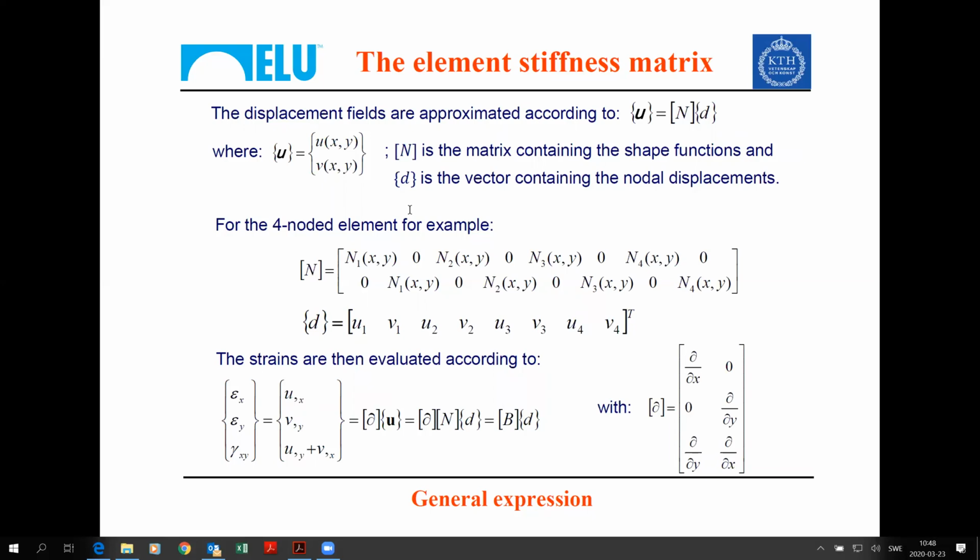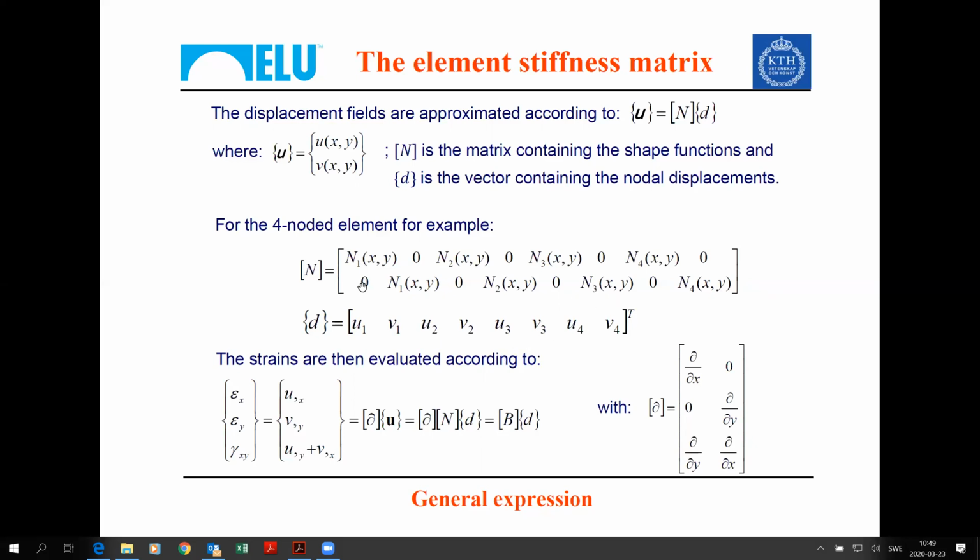Thus, for the four-noded element, for example, we will have N, this time, with 2 rows and 8 columns. N would look like N1, 0, N2, 0, N3 of x and y, 0, N4 of x and y, and 0. This one multiplied with the vector d, which is u1, v1, u2, v2, u3, v3, u4, v4, will give us u of x and y equal to N1 u1 plus N2 u2 plus N3 u3 plus N4 u4.